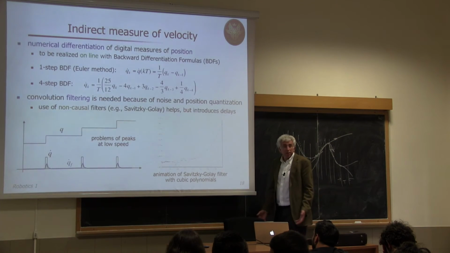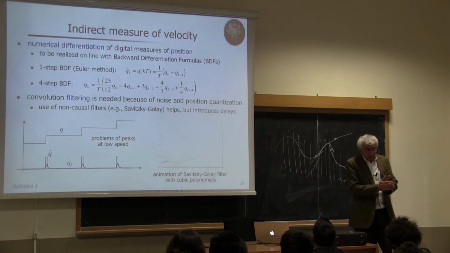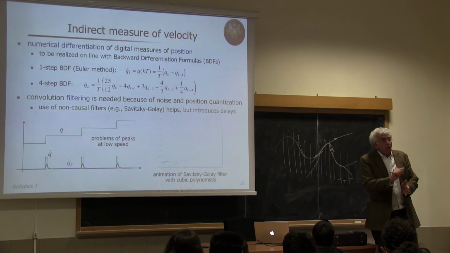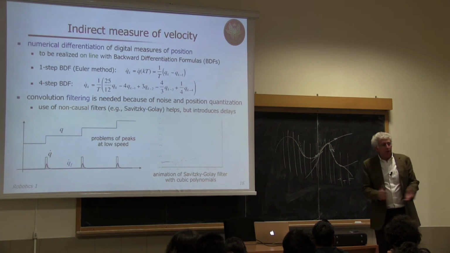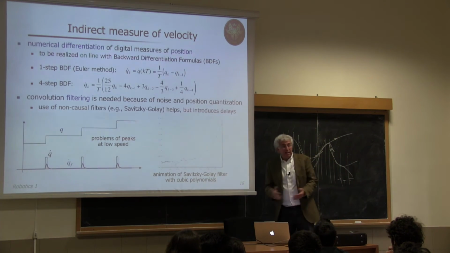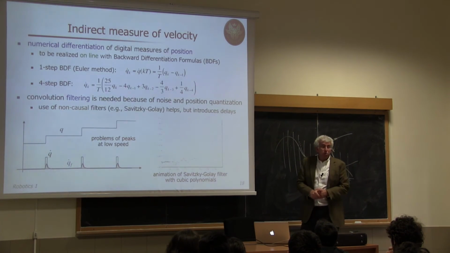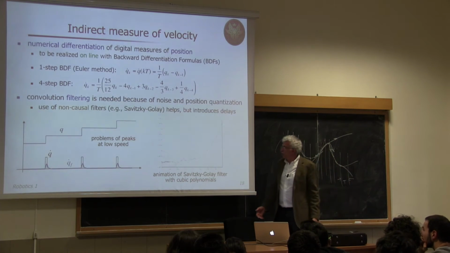And in fact, you're moving very slowly. So if you have small increments in a unit of time, one bit more or less makes a lot of difference. If you're moving fast instead, then one count more or less divided by the sampling time, which is always the same, makes little difference. So at low speed, you may have very much noise.